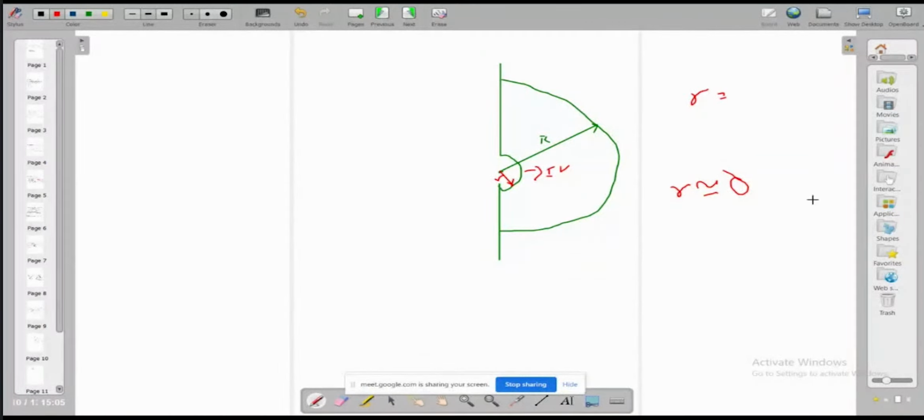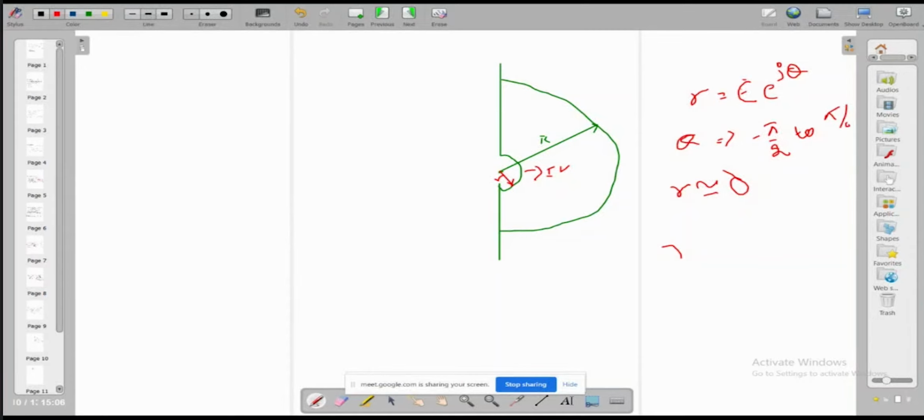And r is given as epsilon e to the power j theta, where theta varies from minus pi by 2 to plus pi by 2.